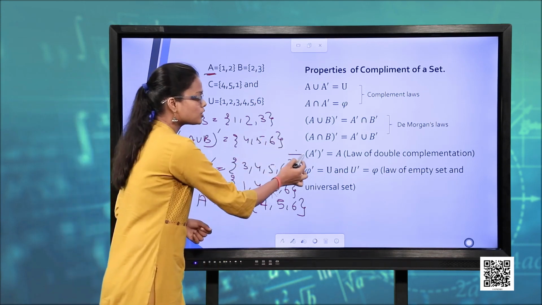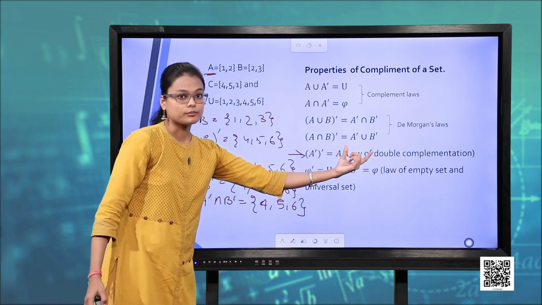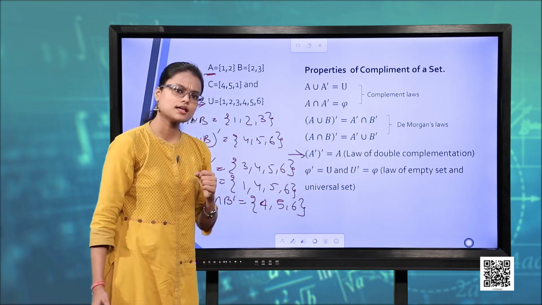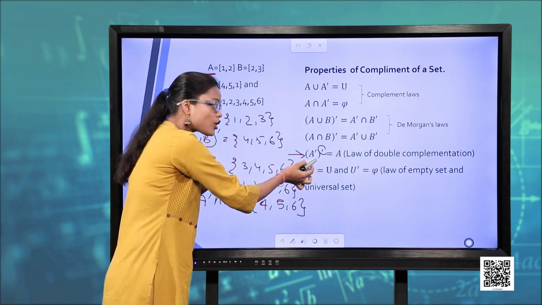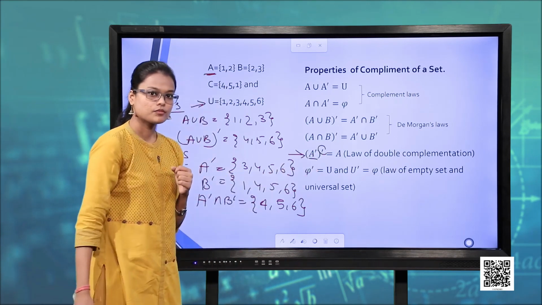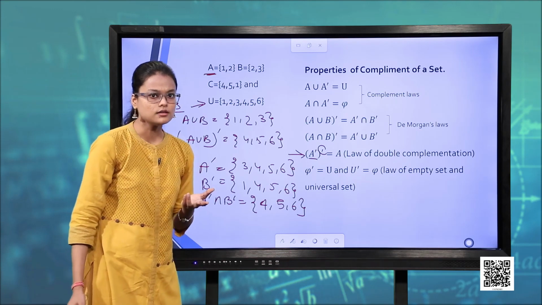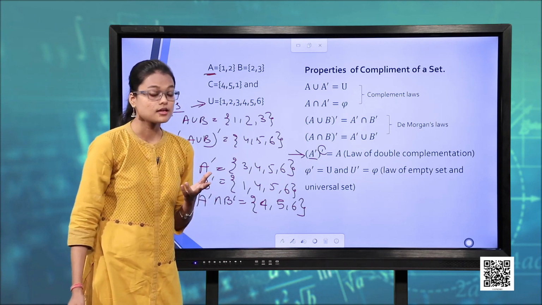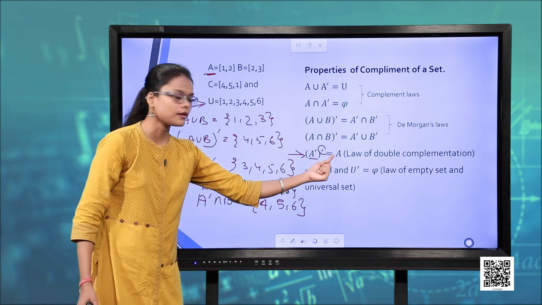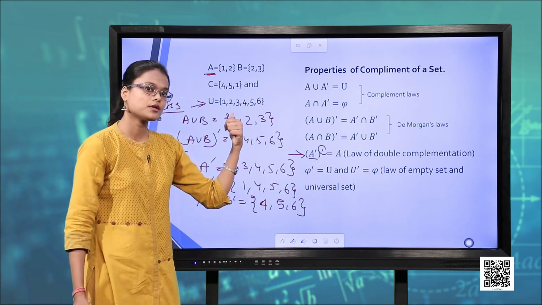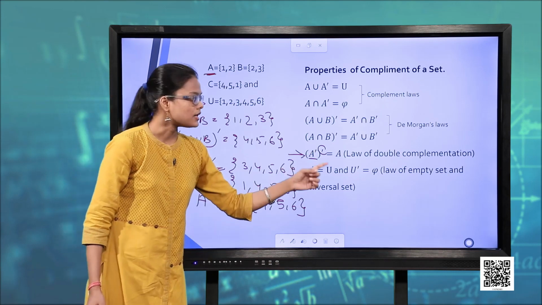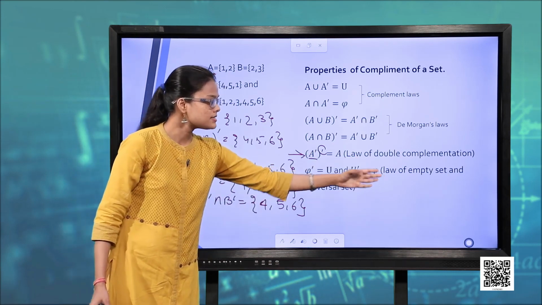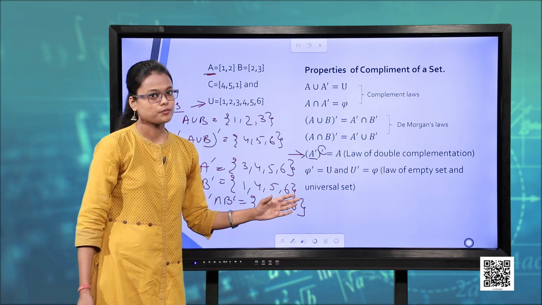Now, the law of double complementation. What does it say? If I take the complement of the complement of a set, what will be the answer? It will be the same set A. Again, you can verify, it is very easy and interesting. The last one, law of empty set and universal set.